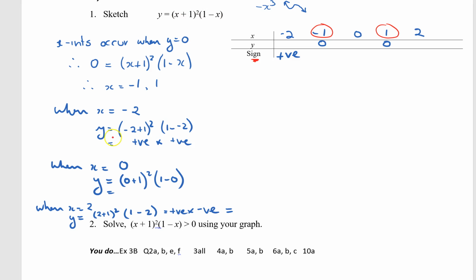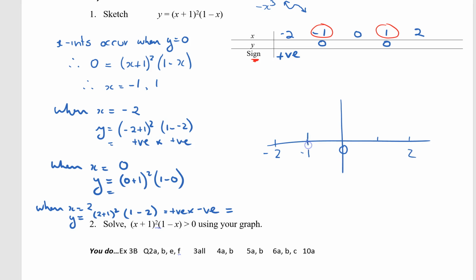I'm subbing in minus 2 plus 1 all squared. Now anything all squared is a positive. And really, ultimately, I'm only interested in the sign. Why? So that I can get a sense of where the graph is at minus 2. Is it above the axis? Is it below the axis? And likewise at 0 and at 2.